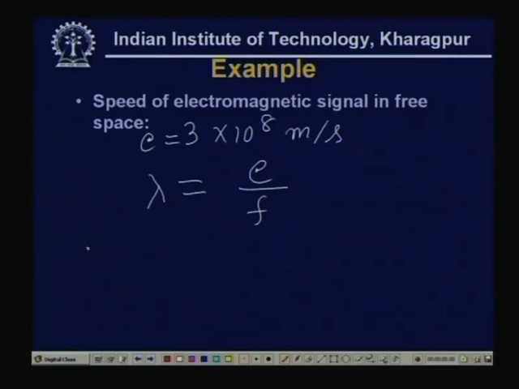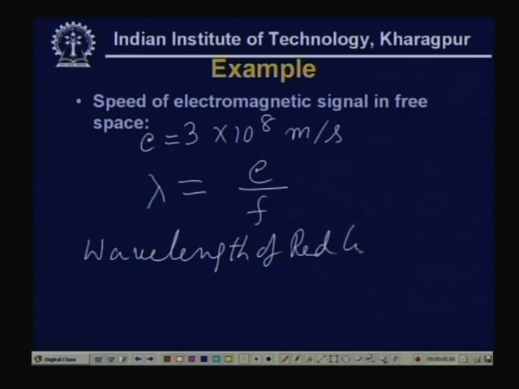For example, the frequency of red light is 4 into 10 to the power 14 hertz. What is the wavelength of this?